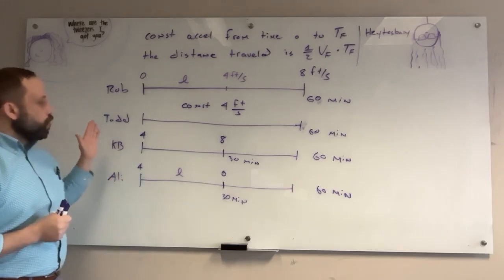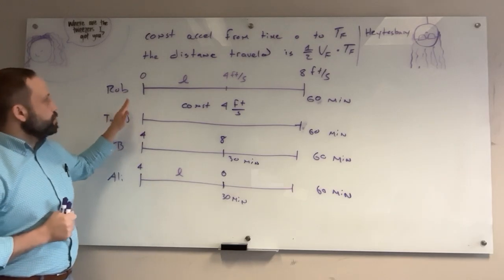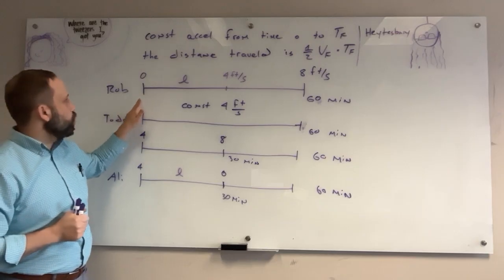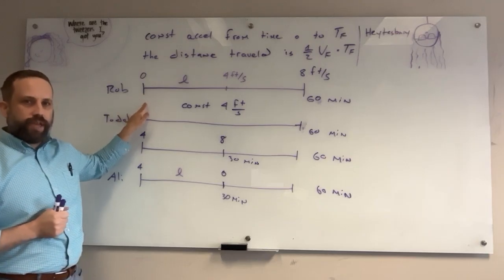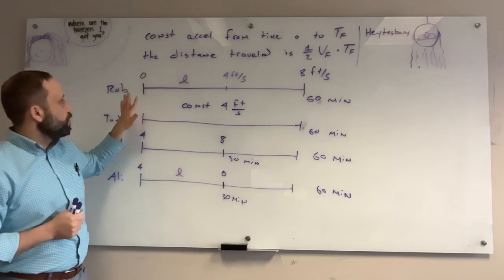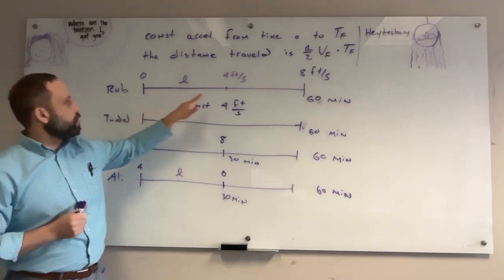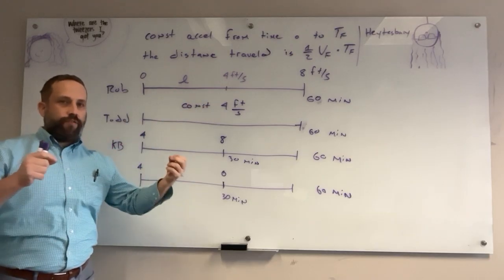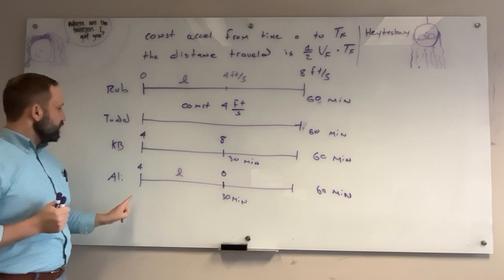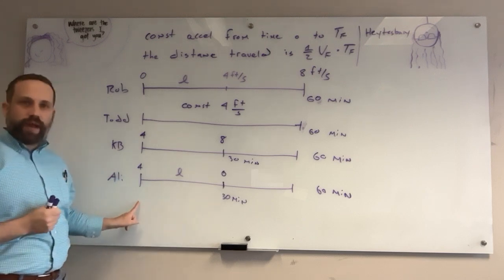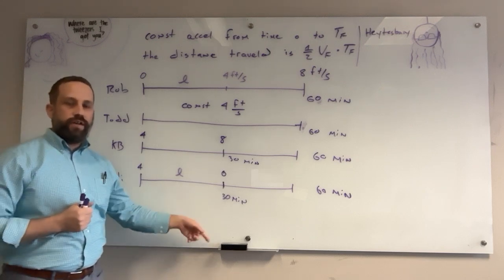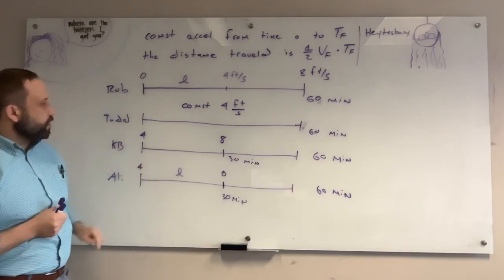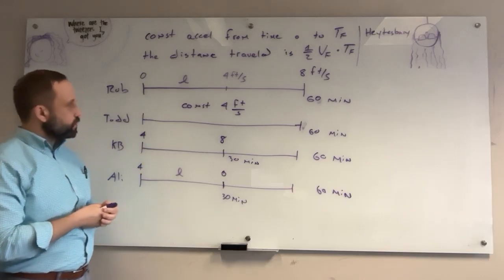If you videotape me running, going from the first 30 minutes, accelerating from 0 to 4 feet per second, and play this tape in reverse, you get the same distance as what Allie is doing, just going from 4 to 0. So the distances have to be equal.